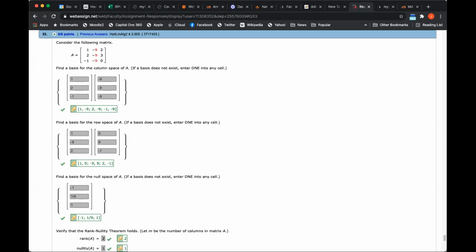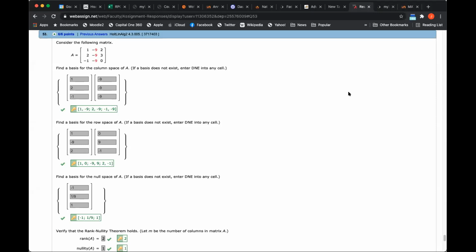Yes, 53. Is it this one right here, hopefully? 53B. Consider the following matrix. So part B says find a basis for the row space, right?